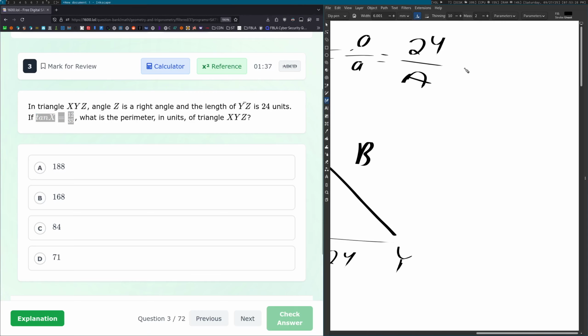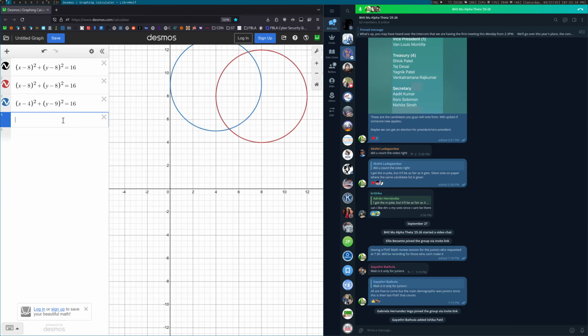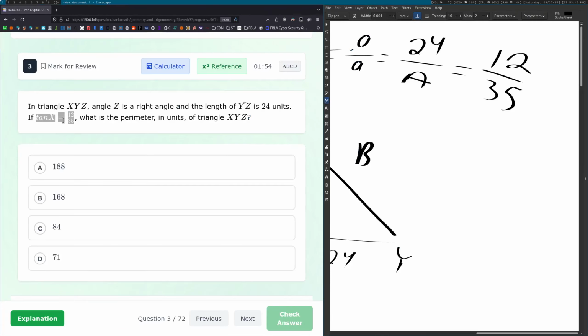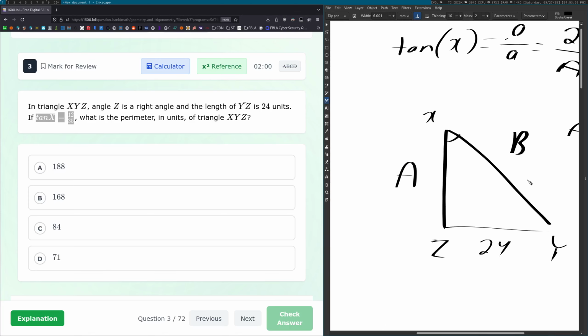You could cross multiply this, but I'm going to use the same Desmos algebra trick. We've got 24 over A, squiggly line, 12 over 35. We get that A is equal to 70. So we can cross this out.